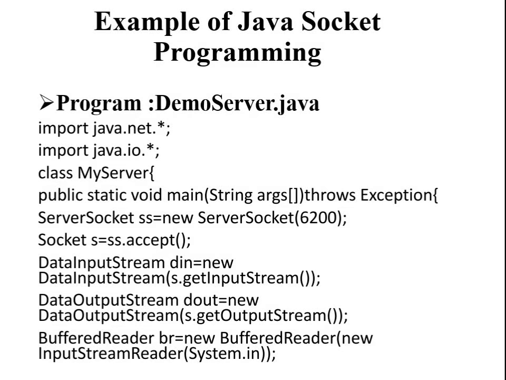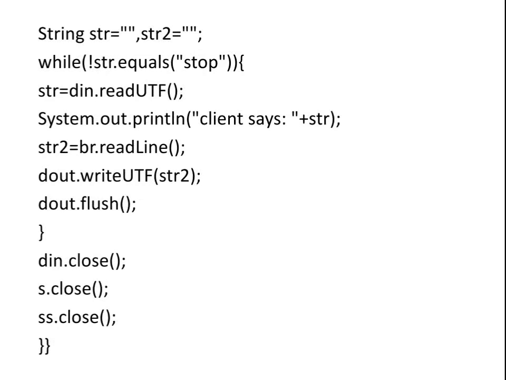Socket s = sock.accept(); DataInputStream ds = new DataInputStream(s.getInputStream()); DataOutputStream dt = new DataOutputStream(s.getOutputStream()); BufferedReader br = new BufferedReader(new InputStreamReader(System.in)); String str1, str2; while (!str1.equals("stop")), str1 = ds.readUTF(); System.out.println("from client side: " + str1); str2 = br.readLine(); dt.writeUTF(str2); dt.flush(); ds.close(); s.close(); sock.close(); closing curly bracket.